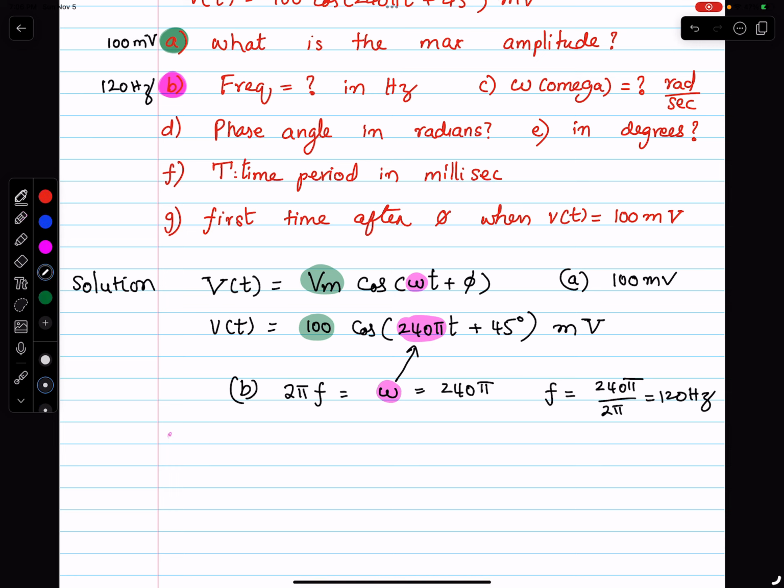We are supposed to calculate the omega, but we already have seen that omega is 240 pi. Plug in the value for pi, then you will have 753.9822 radians per second.